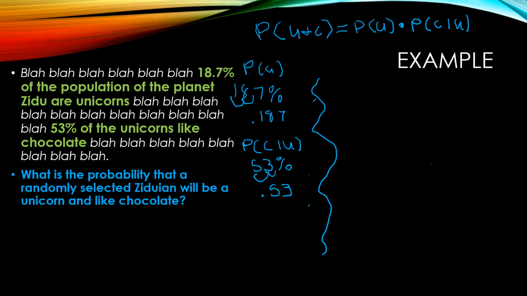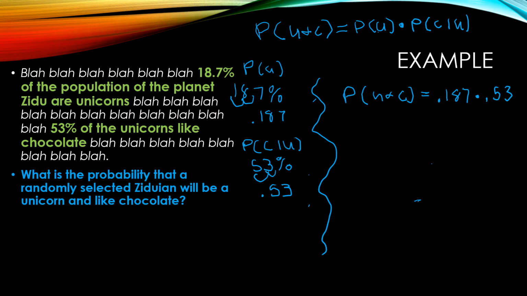Now we have all the pieces of information to figure this out. So the probability that a randomly selected Ziduian will be a unicorn and like chocolate is computed by multiplying 0.187 times 0.53.